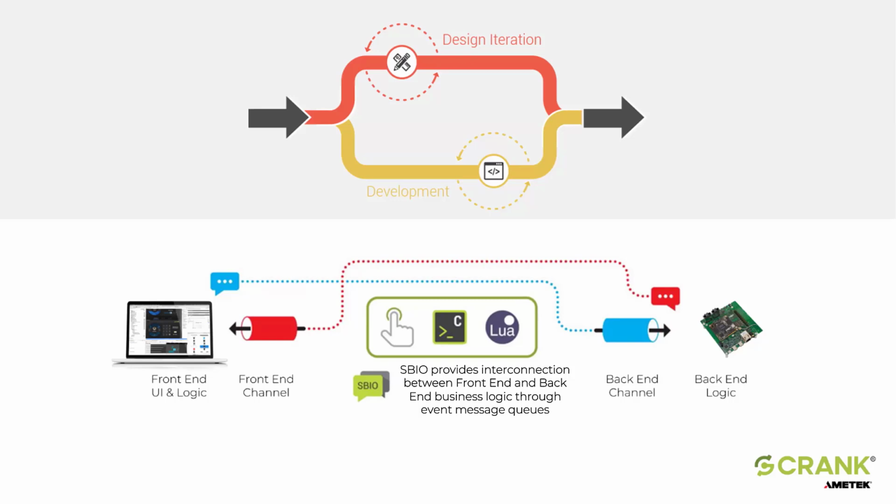So a button press on the UI would be passed to the back end as an action to spin a valve or turn a motor or something. And conversely, some data state change in your back end, maybe a parameter change or a sensor value increase, is mapped into an event, and a message is passed from the back end to the front end, and the UI receives that event, and that triggers a UI update.